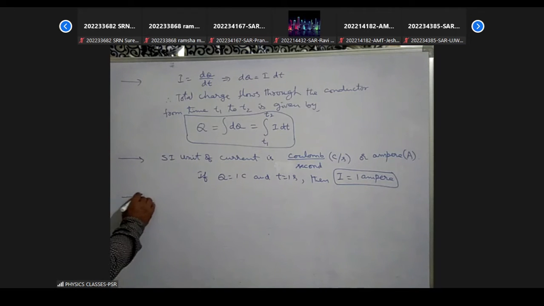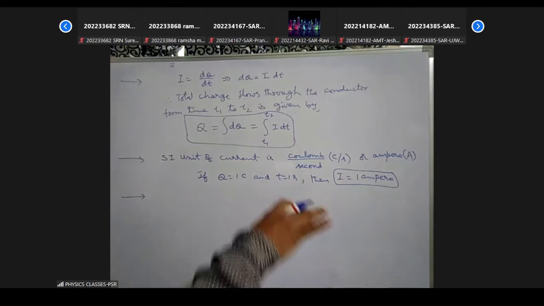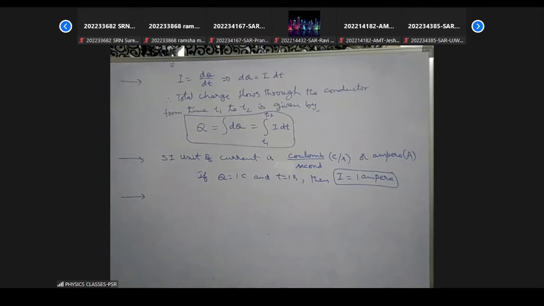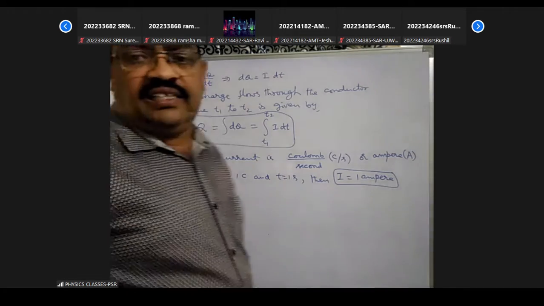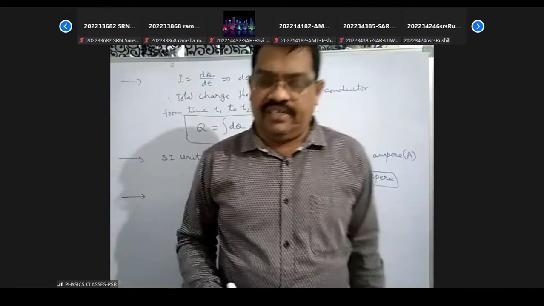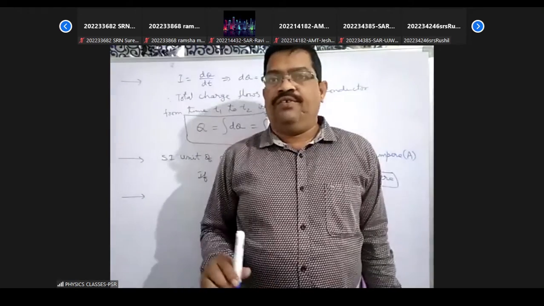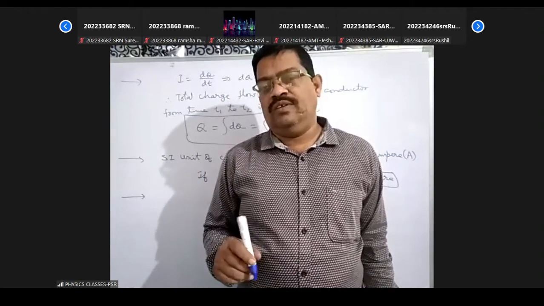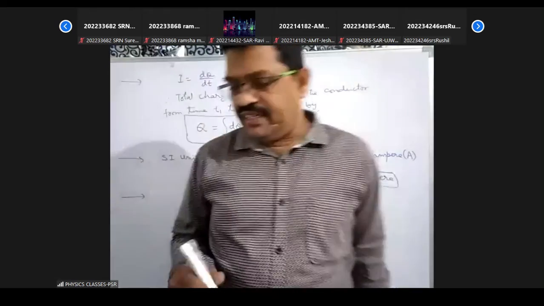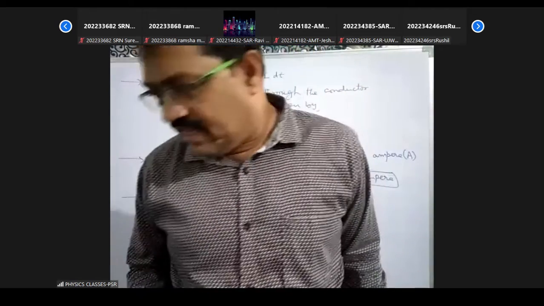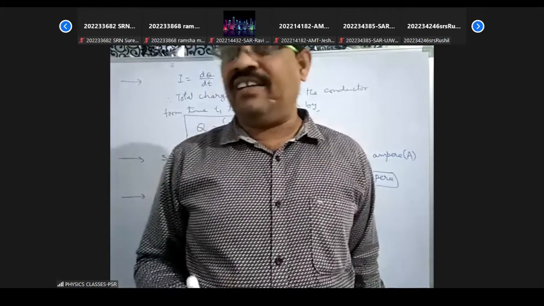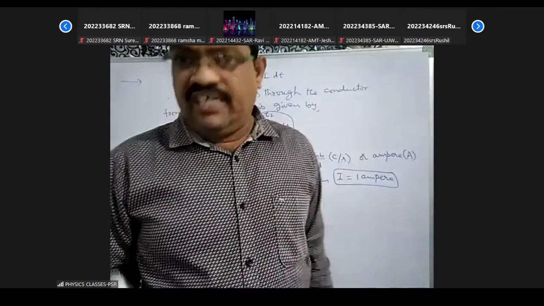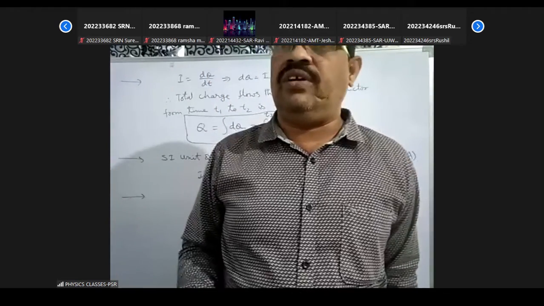What is its dimensional formula? Is current a fundamental physical quantity or a derived physical quantity?